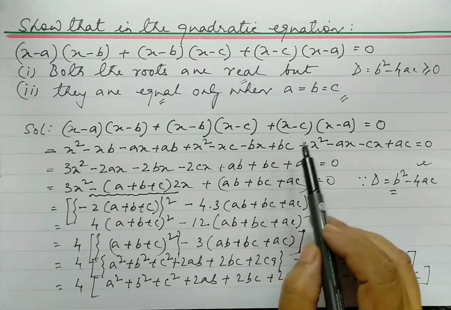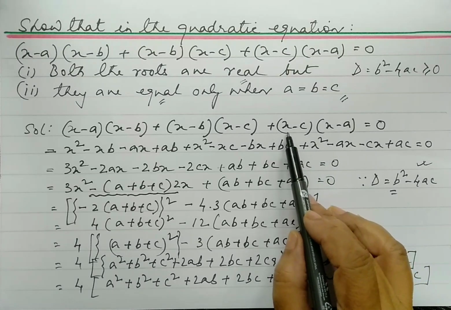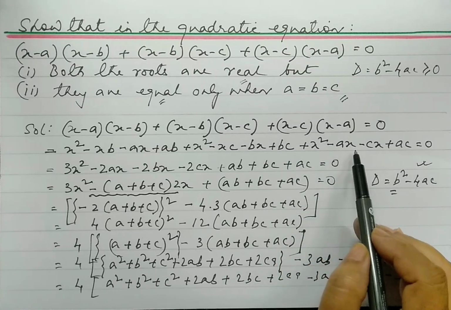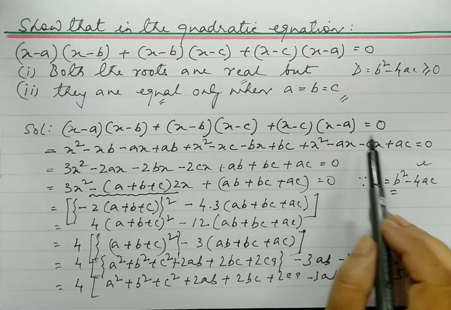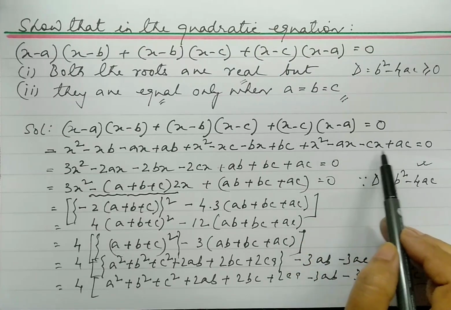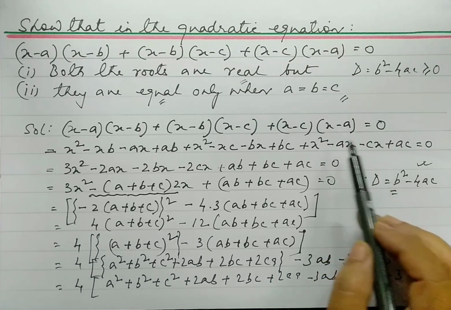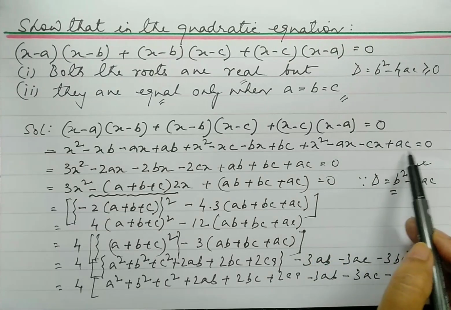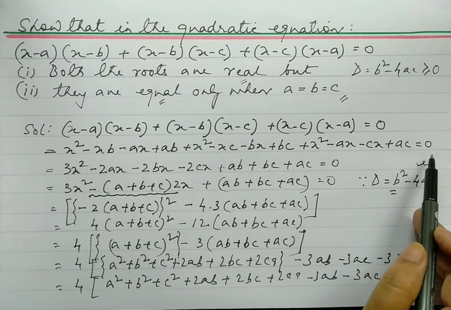Now for this, x into x, x square, this into this is minus ax, minus c into x is minus cx, and minus c multiplied by minus a is plus ac.